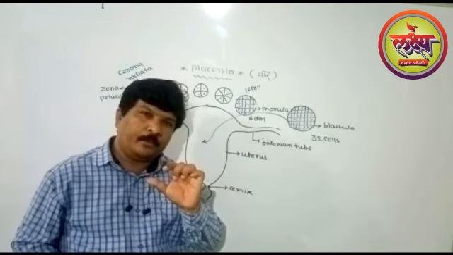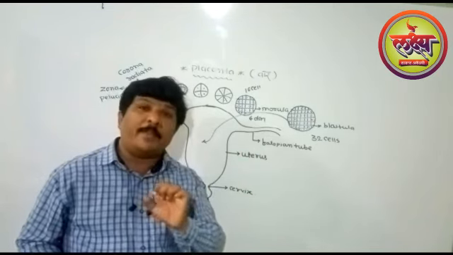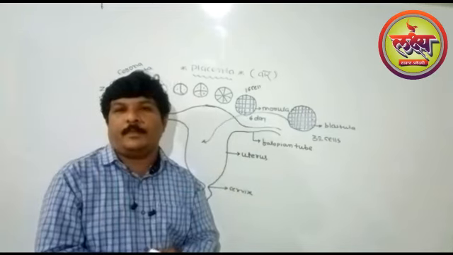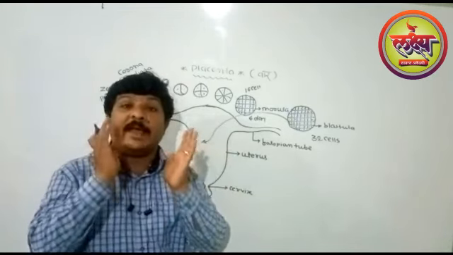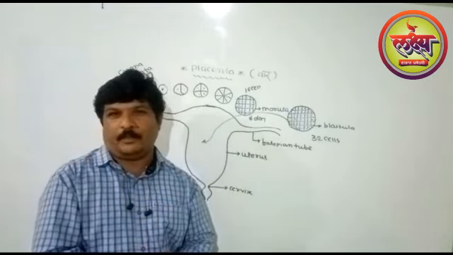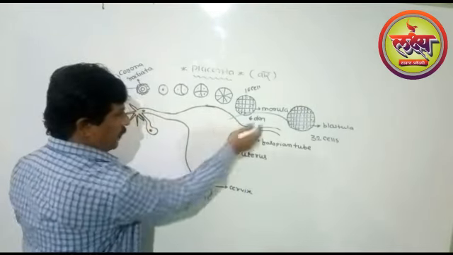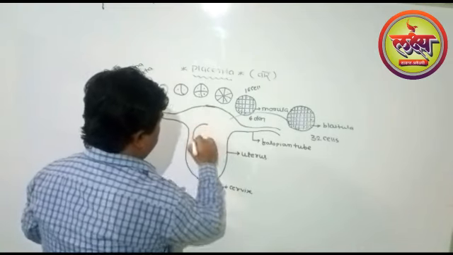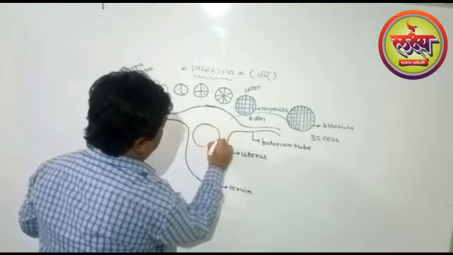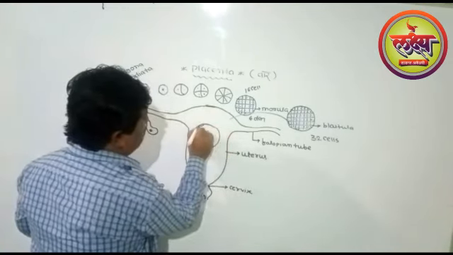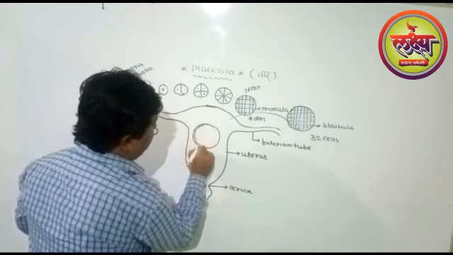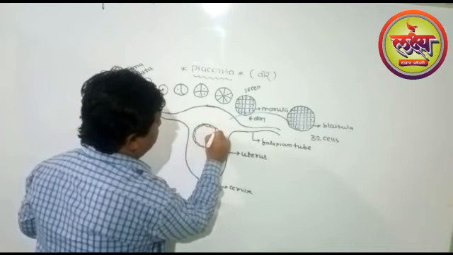And when the zona pellucida disintegrates, all the cells can be clearly seen.